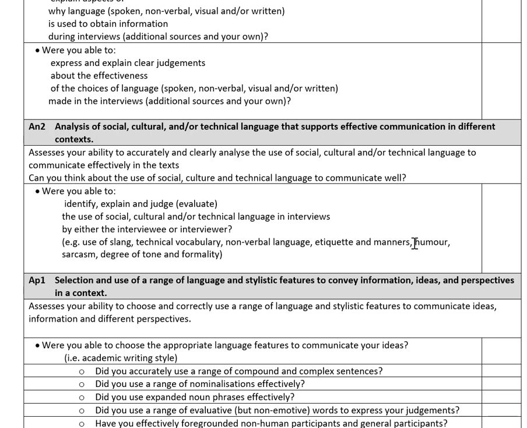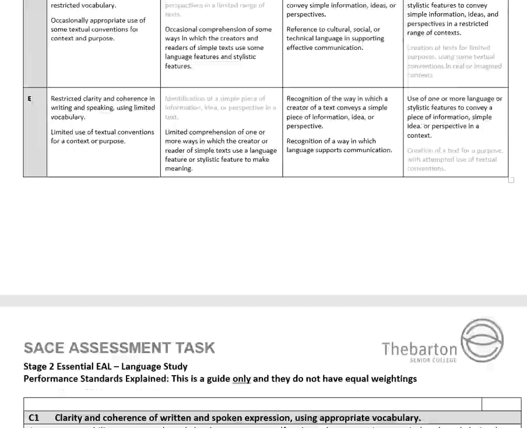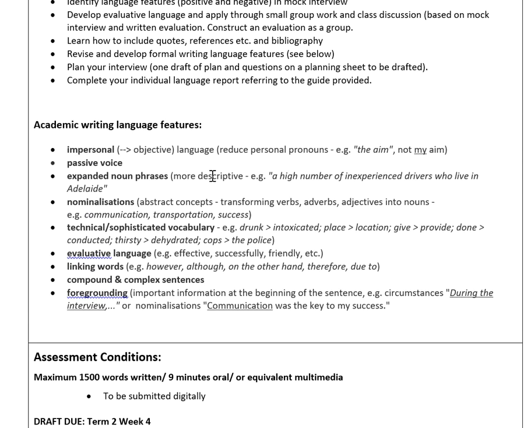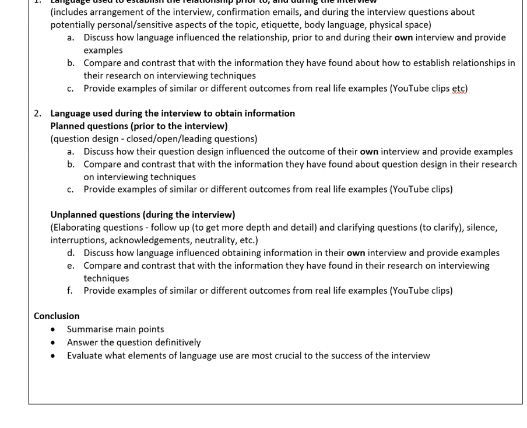So if we are looking at language features in the report, we can say these particular parts are technical language. Language about academic writing, so impersonal, passive voice, expanded noun phrases, foregrounding. The kind of language that we use specifically to describe that topic.